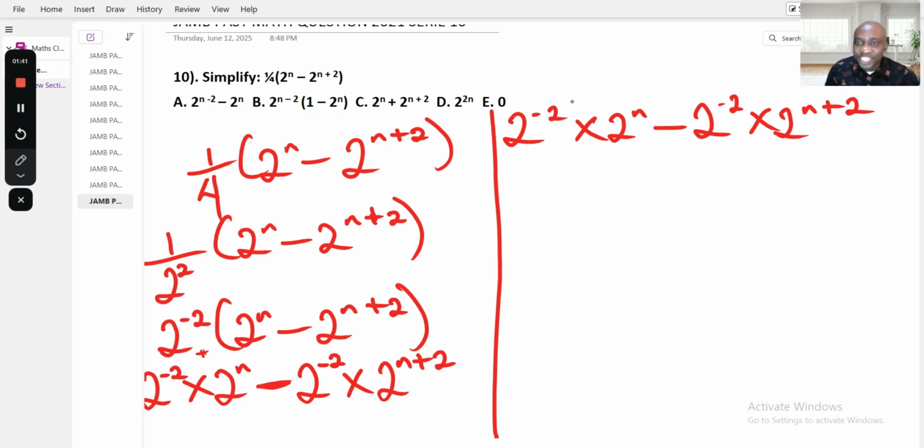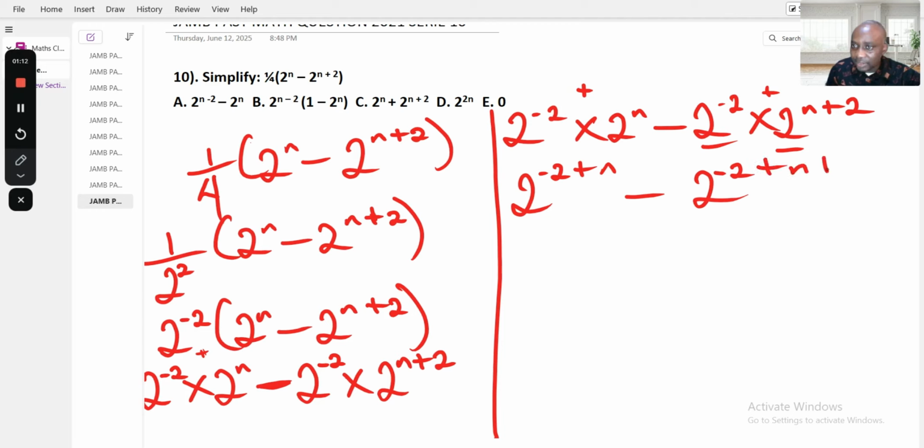Now, this multiplication means plus. Therefore, let's add the powers and combine it into one base 2: minus 2 plus n, plus 2n minus 2... plus n plus 2, isn't it?